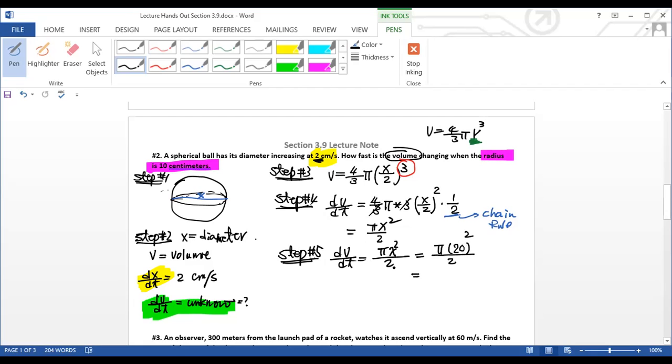So now you simplify that. Did I miss any constants here? When the radius is 10 centimeters, let's take a look.